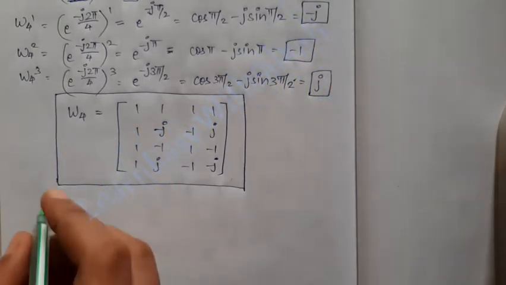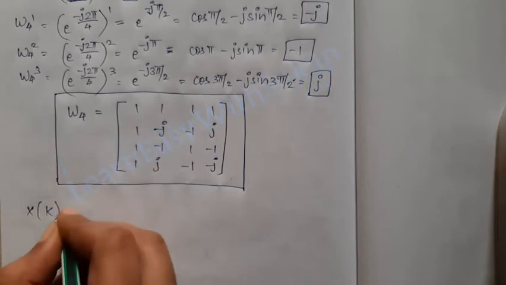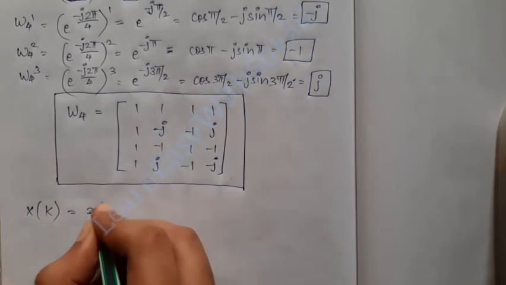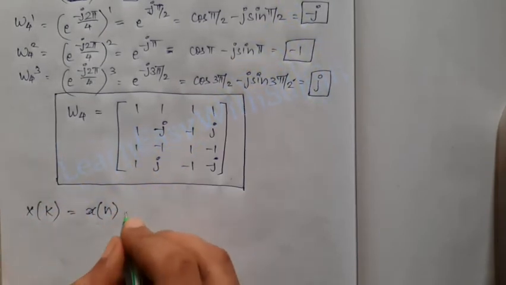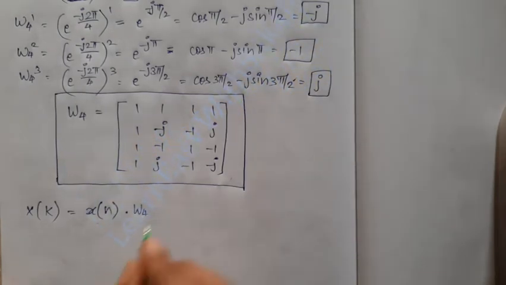So to find the DFT, the formula X of k is equal to x of n, which is the element given in the question, into this matrix W4. Fine.